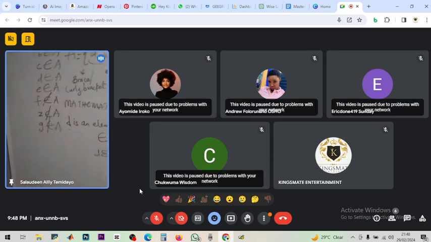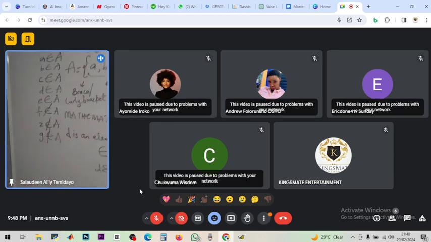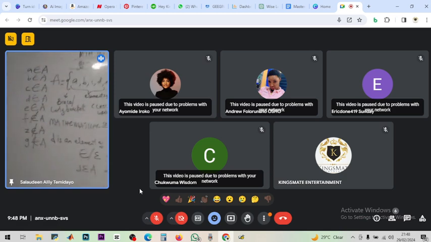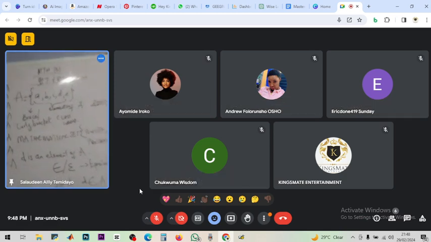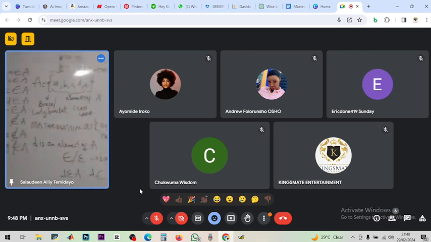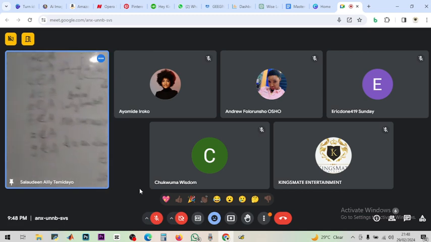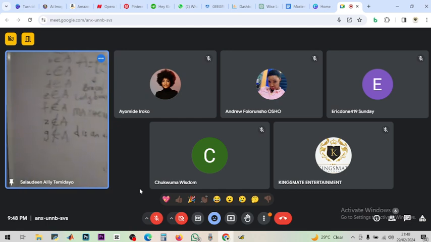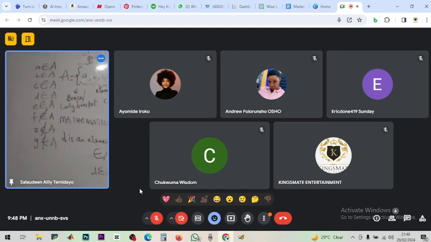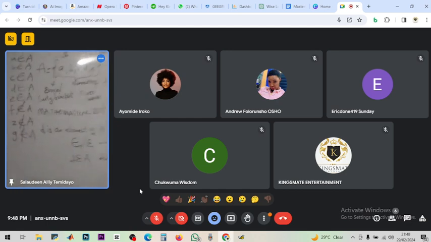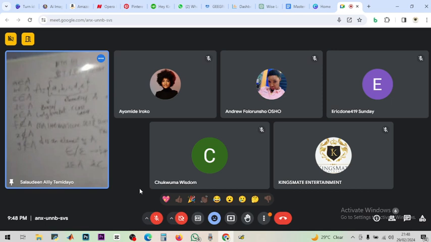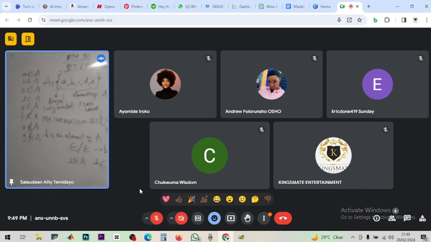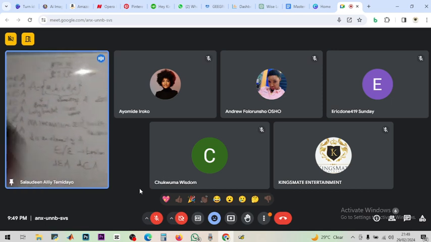So looking at it here, let's talk about the types of sets. We are progressing gradually then. Yes. Okay, so let us just enter the types of sets.